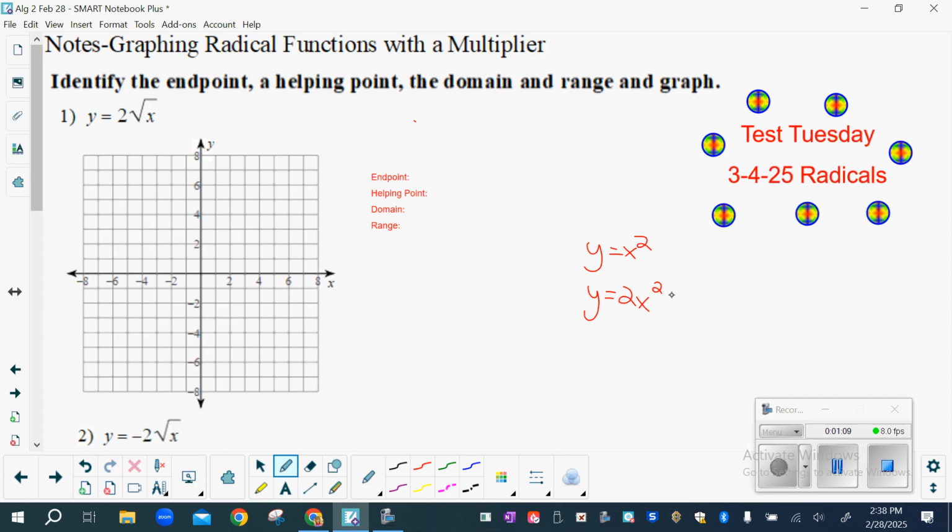What does the 2 do to the graph of the x squared? That's right. Stretches it up vertically.